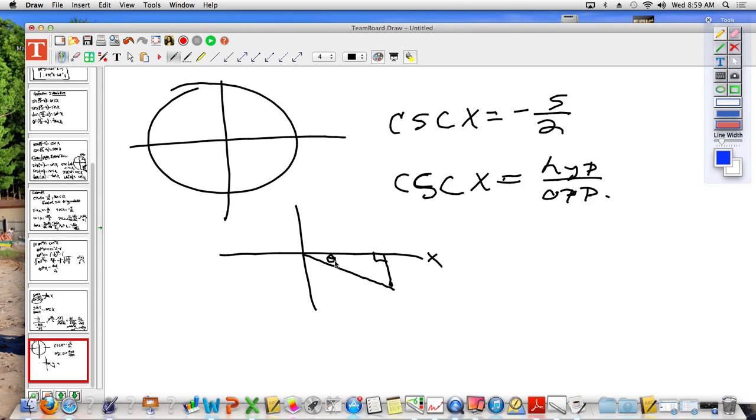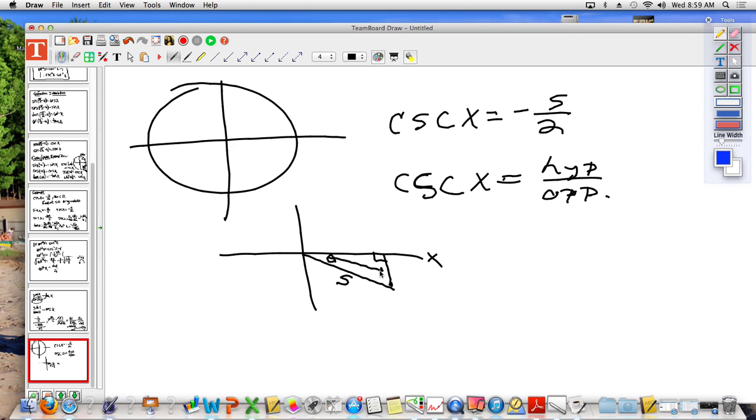Is the negative sign going to go with the 5, or is it going to go with the 2? Wait, no. It has to go with the 2, and the reason is the hypotenuse always has to be positive, but also because this would be the side that is opposite the theta, and it's a y value because it's headed down.